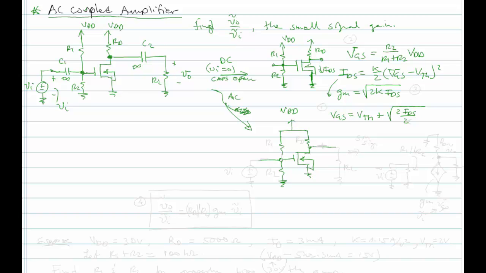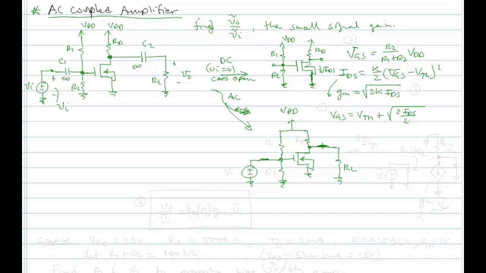So when I say AC here, when you're putting in this AC signal, VI will be shorted to the gate, so the capacitor is a short, and the output RL is connected through a short as well.